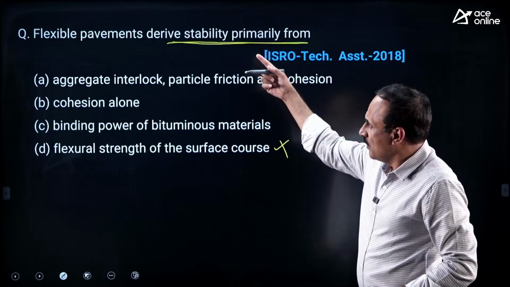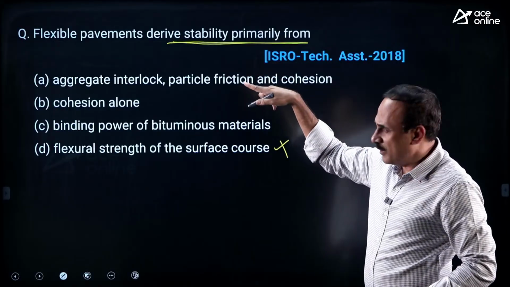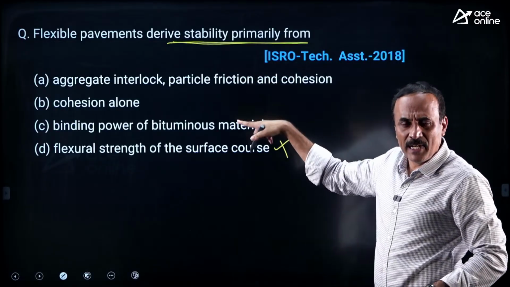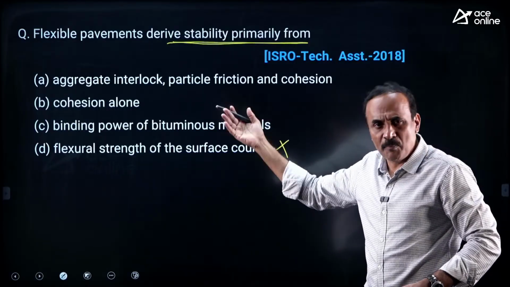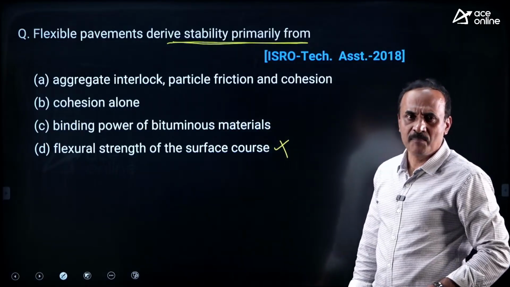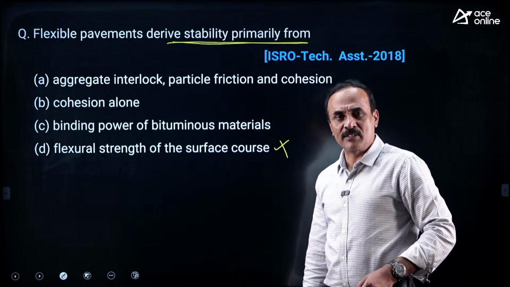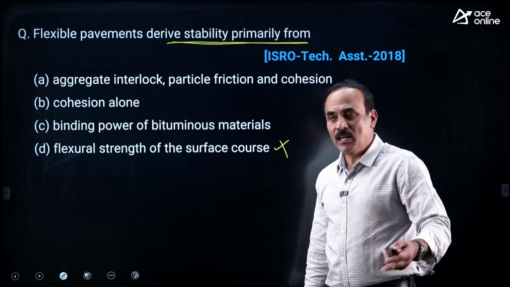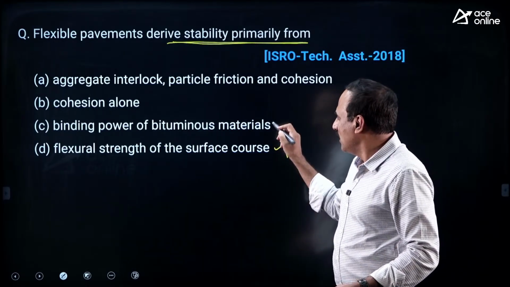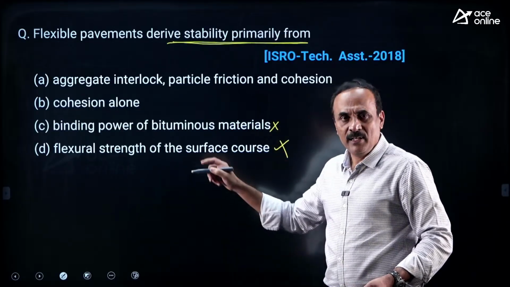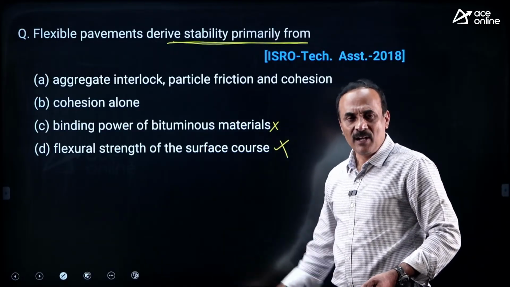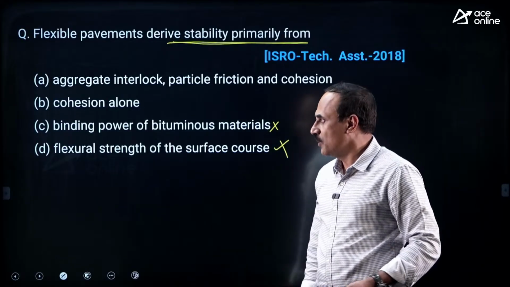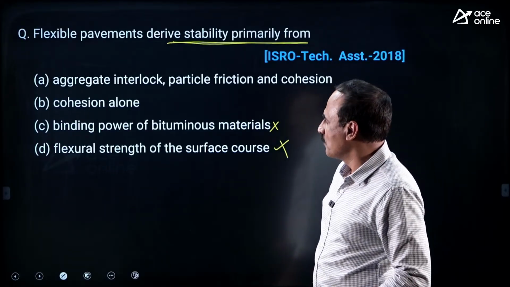So, flexible pavement need not be the bituminous material, bituminous pavement alone. Even water-bound macadam road also a flexible pavement. Gravel road also a flexible pavement. In gravel road we never use bitumen. So, the binding power of bitumen is useful in bituminous concrete, bituminous pavements, not in all flexible pavements. So, Chennai is ruled out.